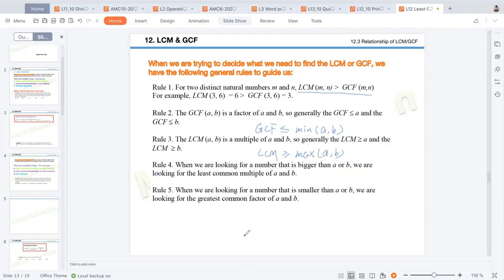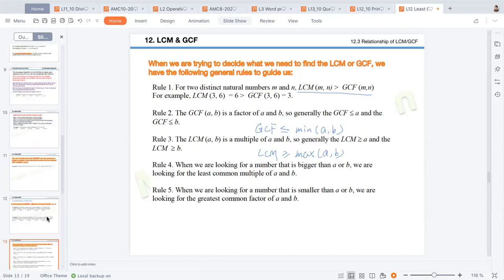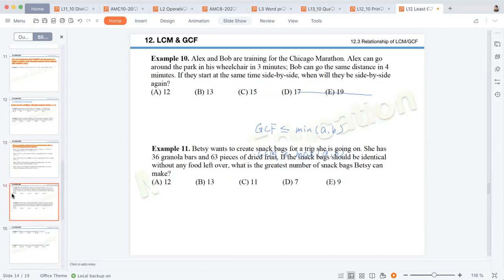If we are looking for a number smaller than A or B, we are looking for the greatest common factor. So try this one. Still give me the right answer.